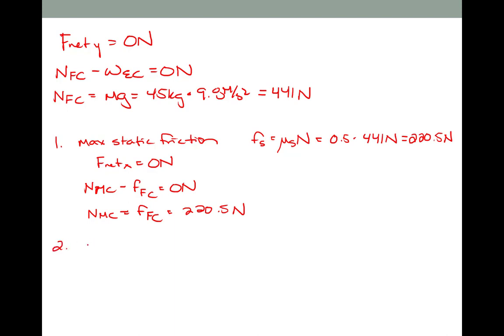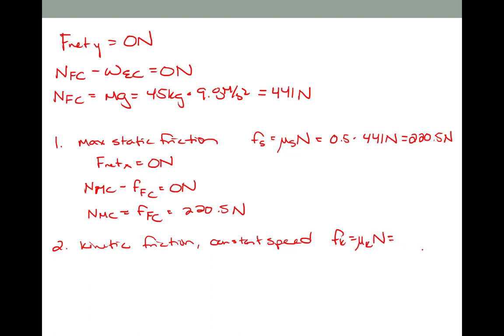For part 2, where there is kinetic friction and constant speed, that tells me again that the cabinet is not accelerating. In this case, friction will be kinetic, which will be the kinetic friction coefficient times the normal.